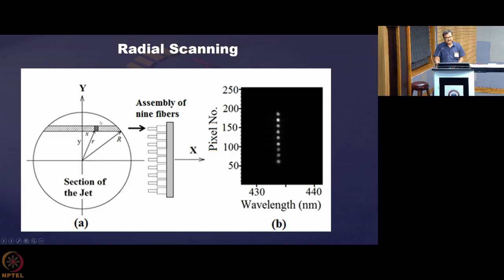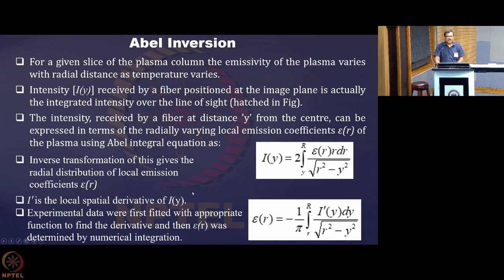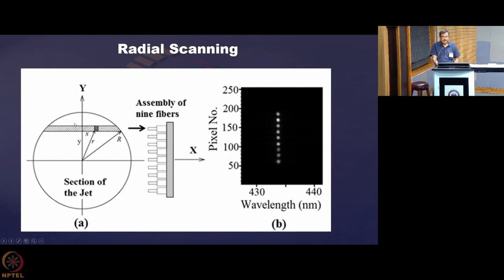Now based on this, this is the distance x we are talking about. The intensity is I at, say, distance y. So at different y, I am collecting the intensities. This one is y equal to 0 and this one is y equal to y. Like that I am collecting at different y.